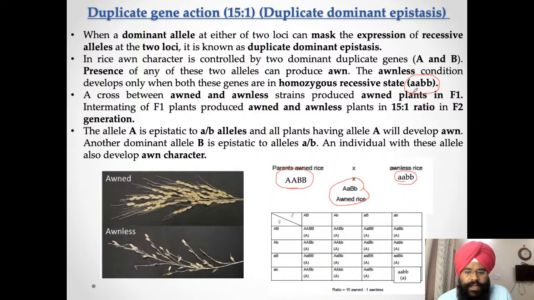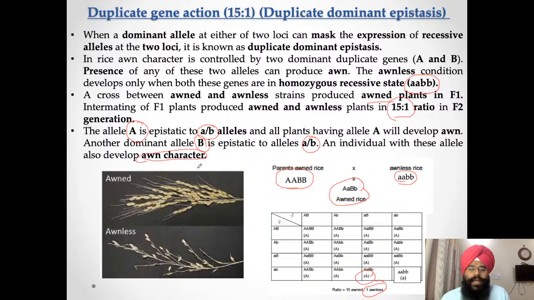So a cross between awned and awnless was done, and awned plants were produced in the F1 generation. Then the F1 generation produced awned and awnless plants in the ratio of 15:1. So 15 were awned and 1 was awnless in the F2 generation. Why? Because A is epistatic to small a and small b, and B is epistatic to small a and small b. So these individuals will always produce the awn character.